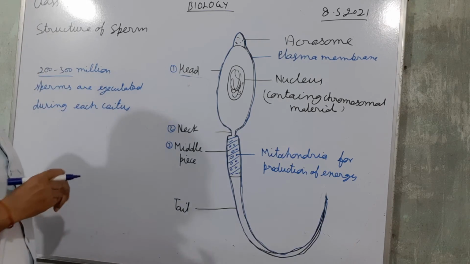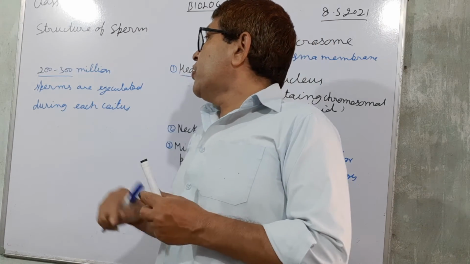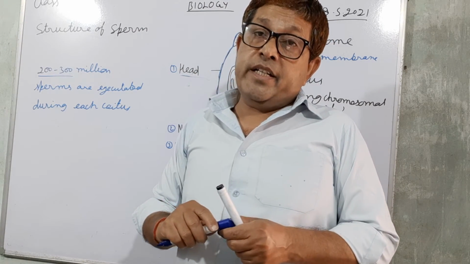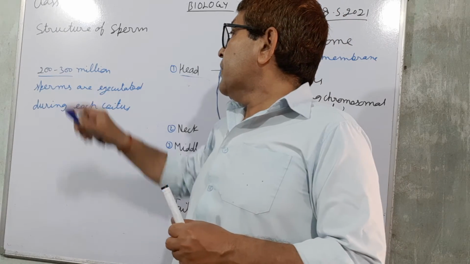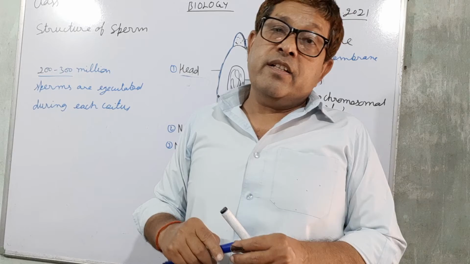It is very important that in a healthy person, about 200 to 300 million sperms are ejaculated per coitus.